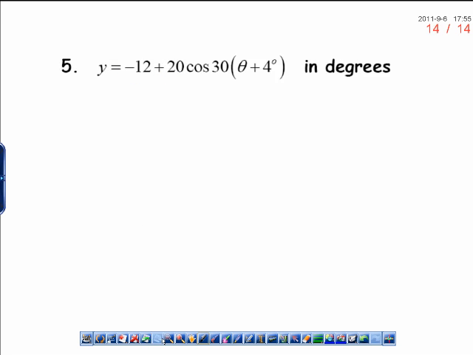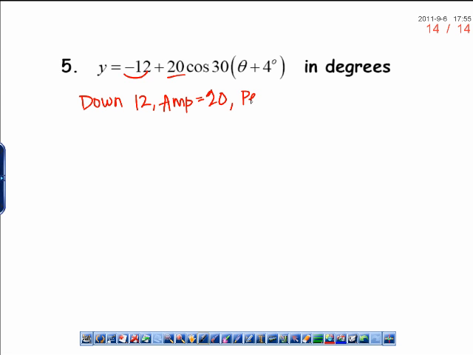Okay, last example. Again, if you want to see if you can do this on your own, just pause the video and try it. Okay, down 12. Amplitude would be 20. No reflection to worry about this time. Cosine, we'll get to that when we're actually plotting the graph. I'm in degrees again. We haven't done one like this last couple times.